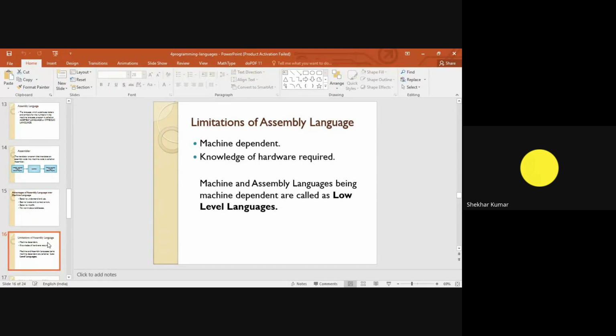Sometimes it is hard to understand the commands we use, because it works purely on commands. For every instruction, we have a command. If you want to add two numbers, you have to write add 3-4, then it will add. So due to these commands, sometimes it is hard to understand. And knowledge of hardware is also required, to know which type of system is used.